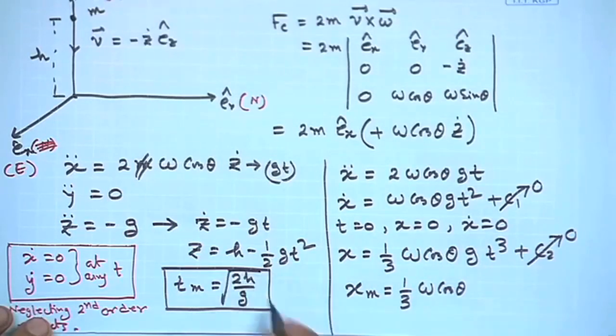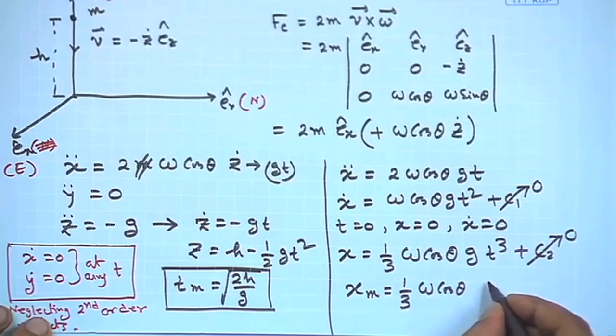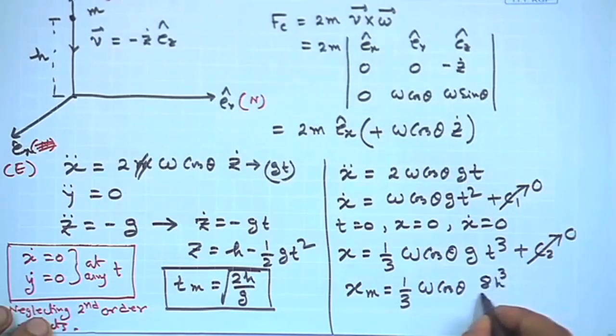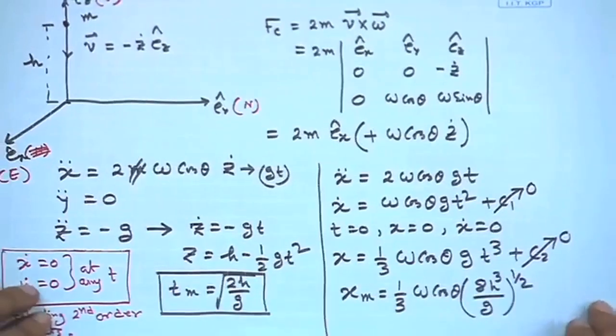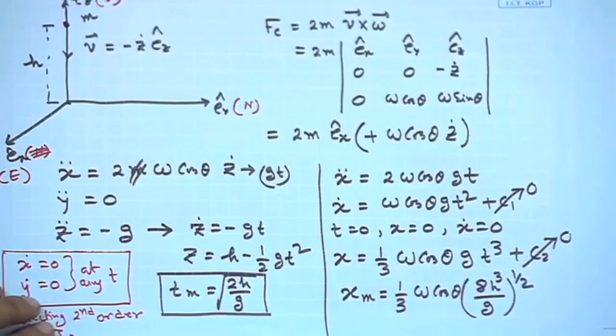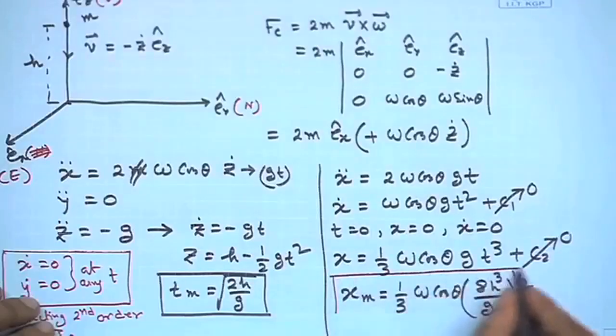Including this and doing the calculation, the final expression will be 8h cubed by g, with a g outside and g to the power 3 by 2 inside, giving g to the power half. So this is the maximum deviation, and the maximum deviation is due east.